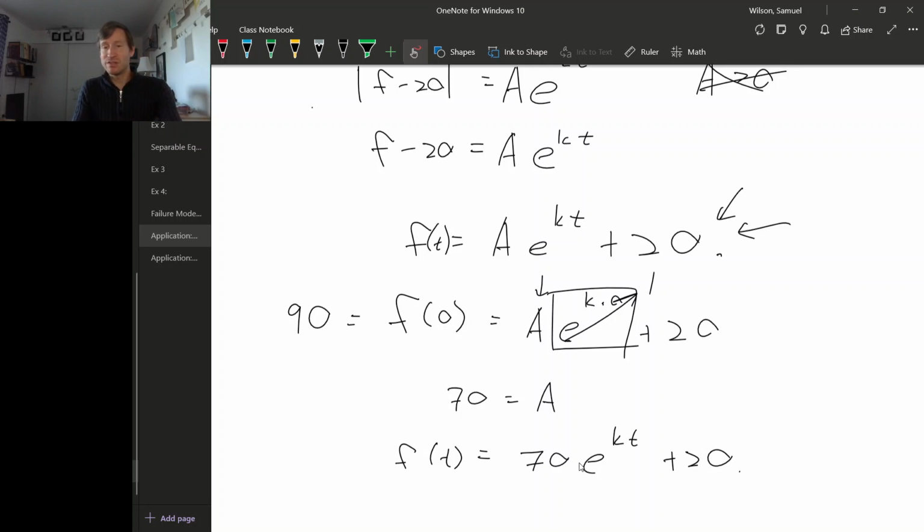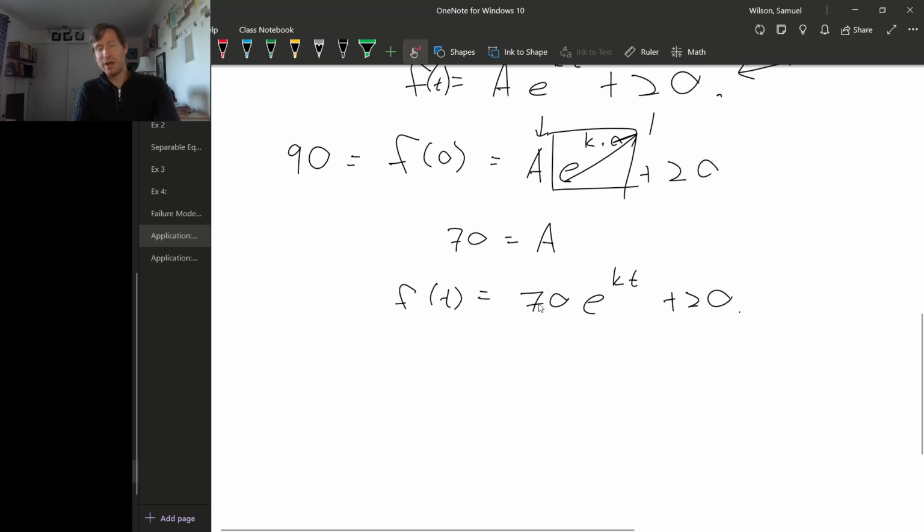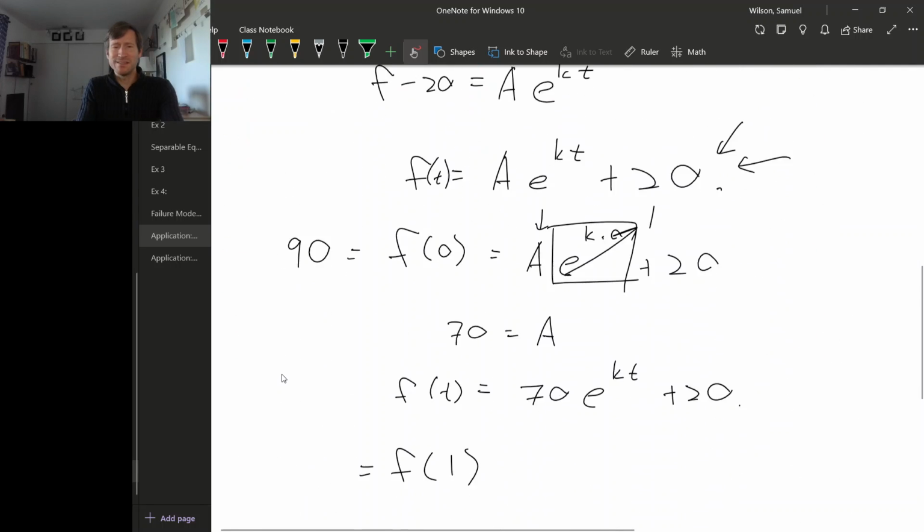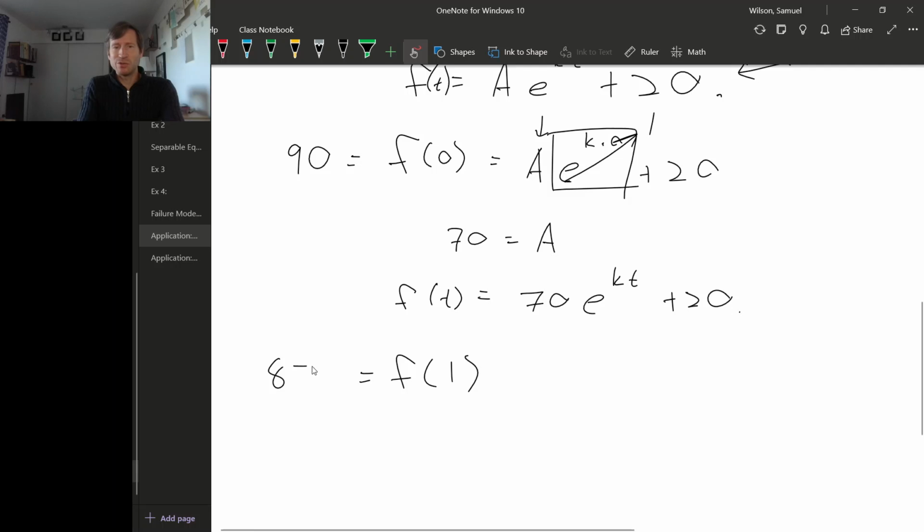That's a pretty good start, but remember, we had another data point. We haven't chosen units for t yet, so let's say t is in minutes. After 1 minute, the mug had cooled to 87.3. We plug this t value, 1, into our formula for f, and we get 70 times e to the k times 1, so that's just e to the k, plus 20.